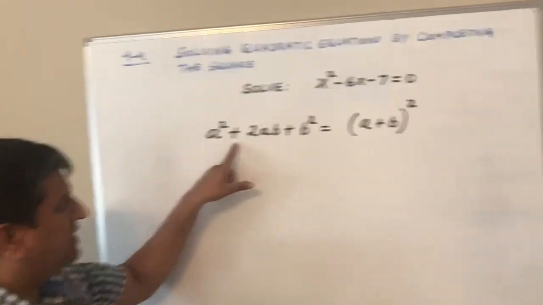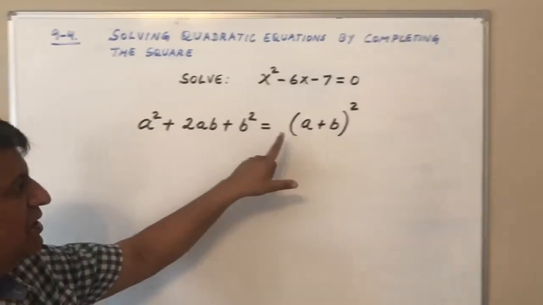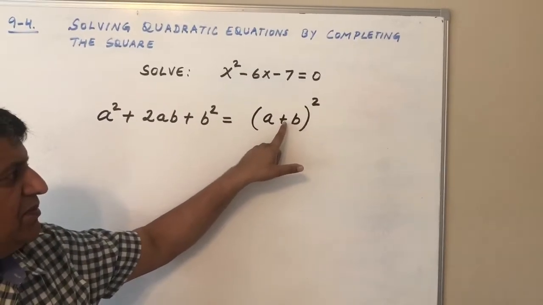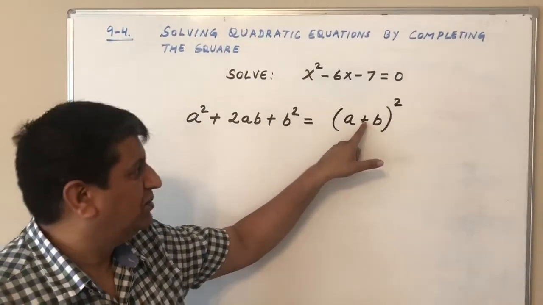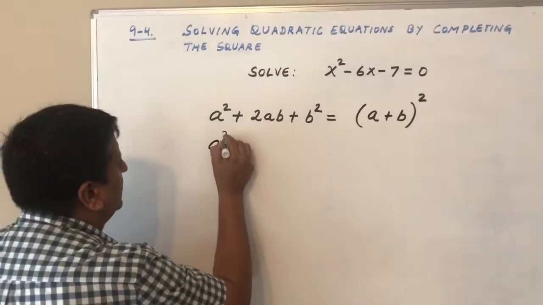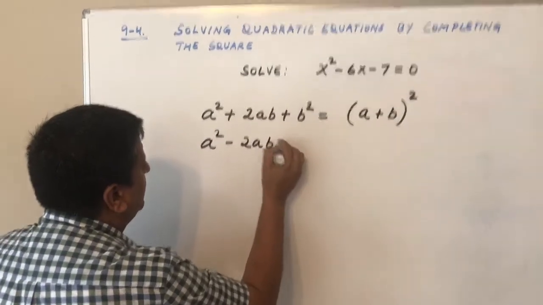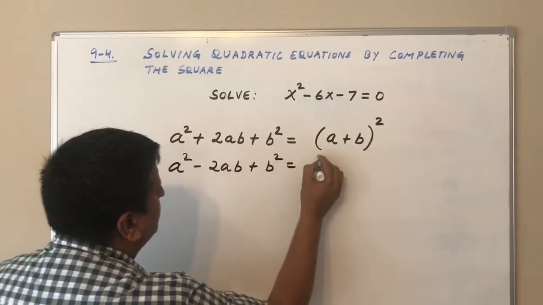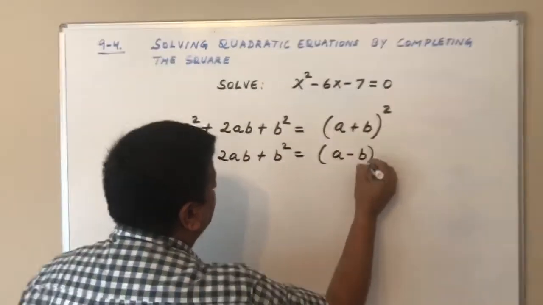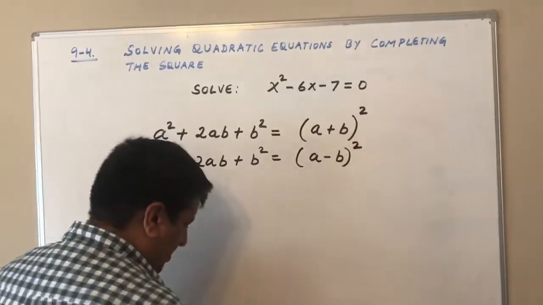If there is a minus in the second term, there will be a minus in this binomial. For example, a square minus 2ab plus b square can be written as a minus b quantity square.